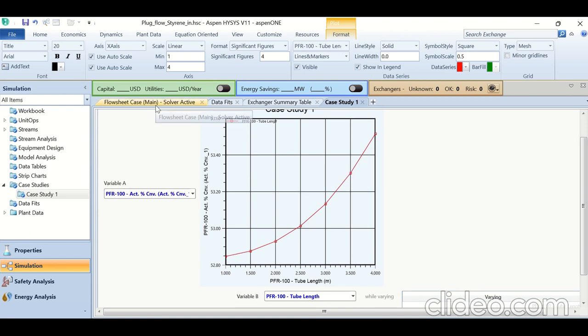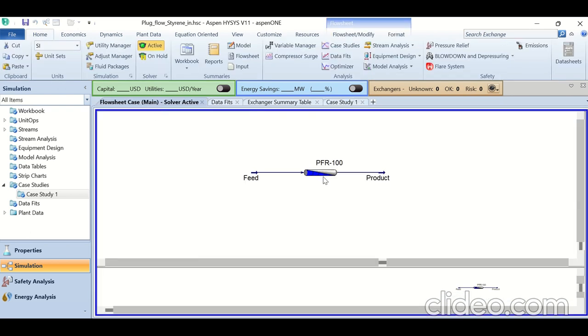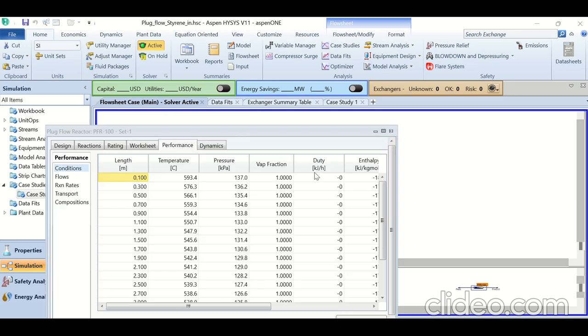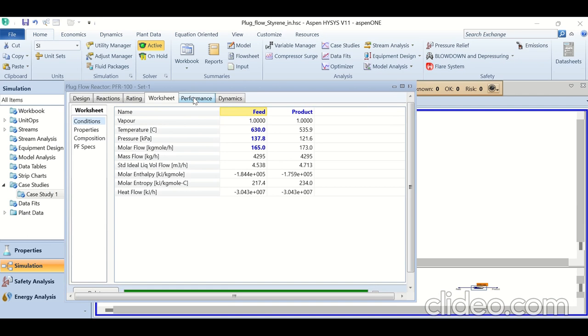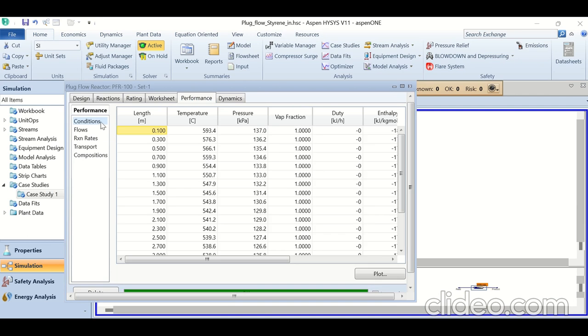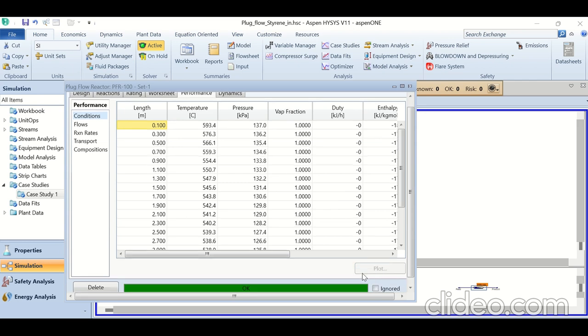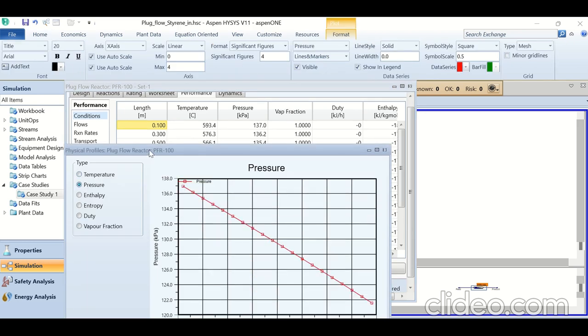Okay, now go to the main flow sheet, double click on the plug flow reactor, and click on the performance condition. So it is showing us the temperature along the length of the reactor. It is also showing the pressure, the vapor fraction, and other properties as well. You can see this on plot, so just click on plot. Okay, you can see the pressure.